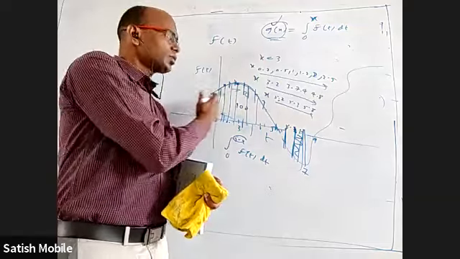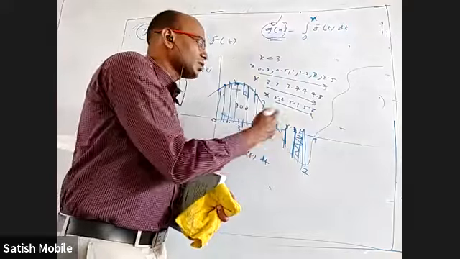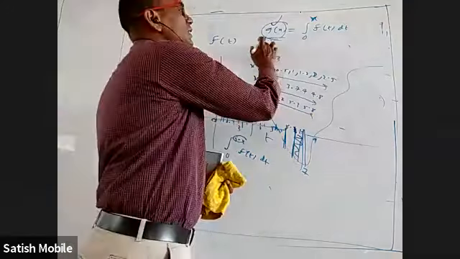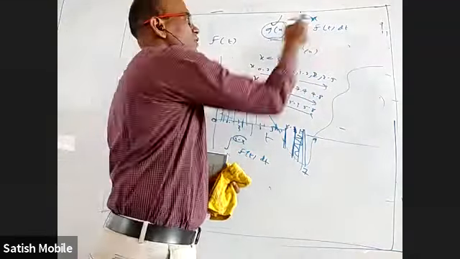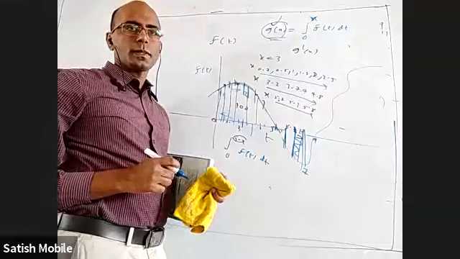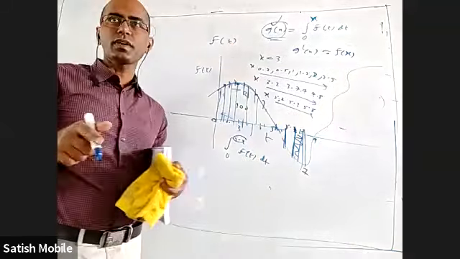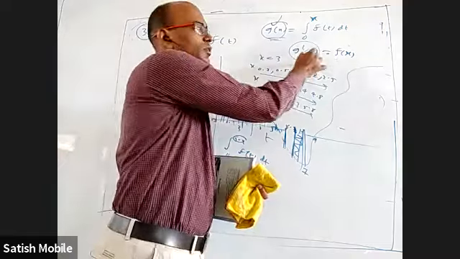If f is positive, as you increase x, your g will be increasing. And if f is negative, as you increase x, your g will be coming down, which you can see very easily. According to the fundamental theorem, what is g dash x? What is the derivative of this? Tell me. F of x into the derivative of x, which is 1 only, so nothing to write. So g dash x is f of x. When is g of x increasing? When g dash x is positive. So f of x should be positive.